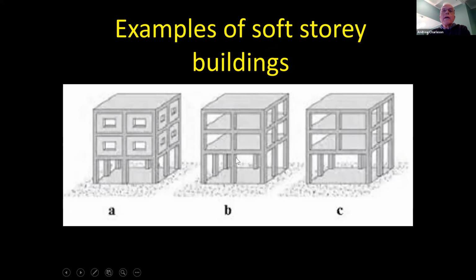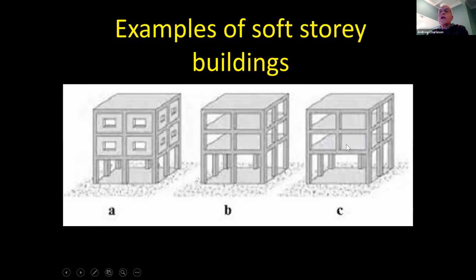In this building, the lower floor is a soft story because the column height is greater than the stories above. And so these columns are a lot more flexible than the columns above because these columns are longer. Therefore, this is going to be a soft story and it is potentially dangerous.